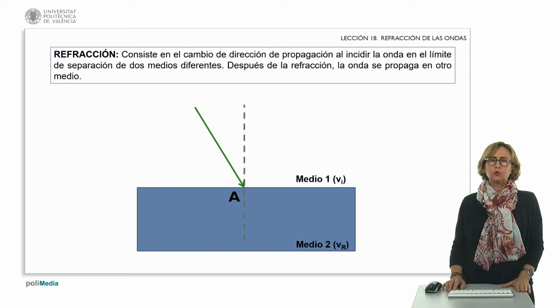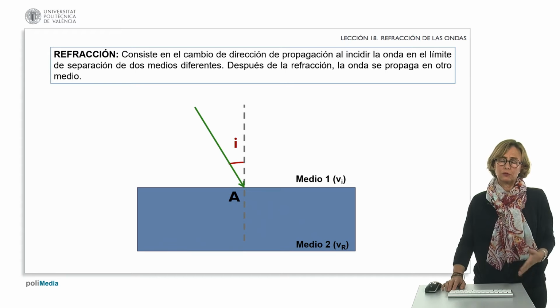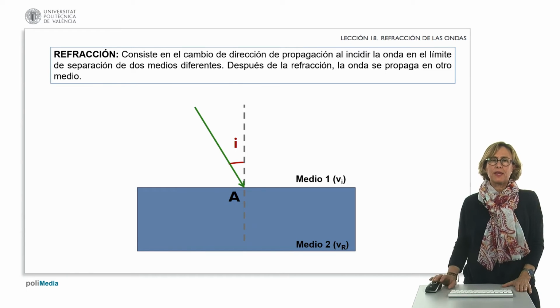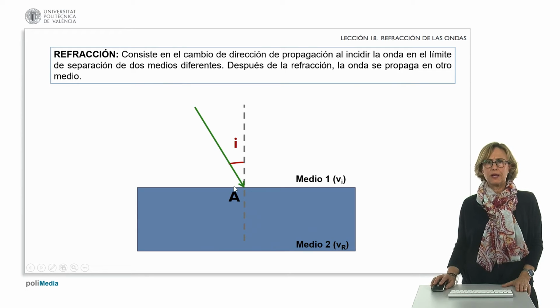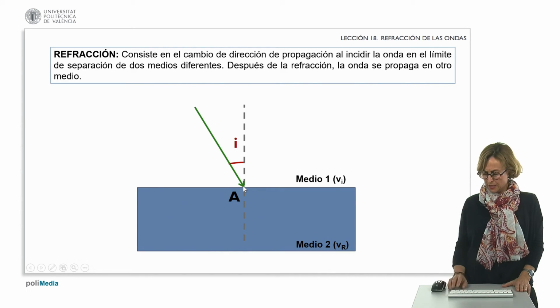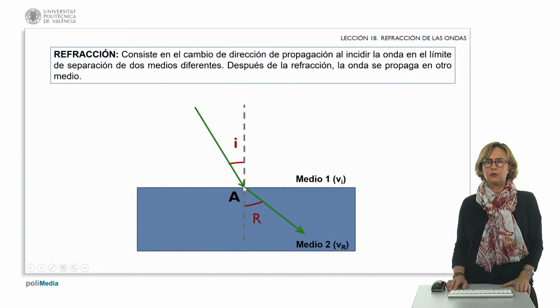We have an incident ray, and that incident ray forms an angle of incidence, which is the one formed by the incident ray with the perpendicular to the surface at the point of incidence. And we have the refracted ray, and an angle of refraction, which is the angle that the refracted ray forms with the perpendicular to the surface at the point of incidence, and it will be this angle R.